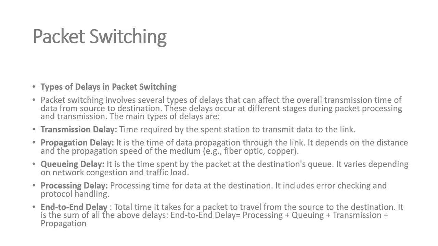If you use fiber optics, it takes less time and transfers the data faster. Then queuing delay: if there are more packets in the network, there will be a queue that has to be maintained. Then processing delay: the destination includes error checking, and while checking the errors, processing delay happens. Then end-to-end delay: transferring, processing, queuing, everything together we call end-to-end delay.